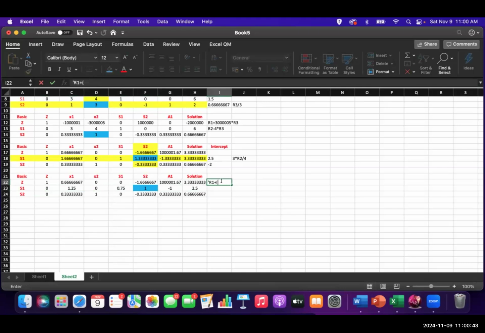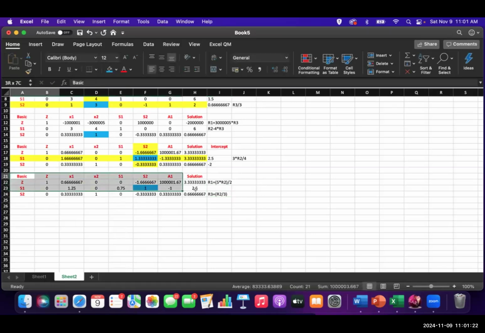So 5 times R2 over 2. And then below, it's R3, it's minus, so it would become plus 1/3 R2 over 3. I'll cover this one.